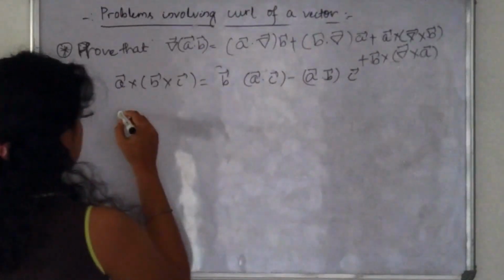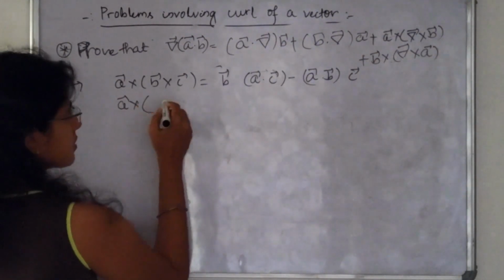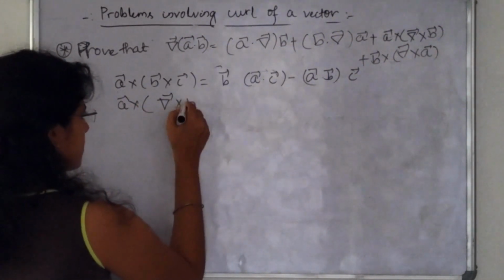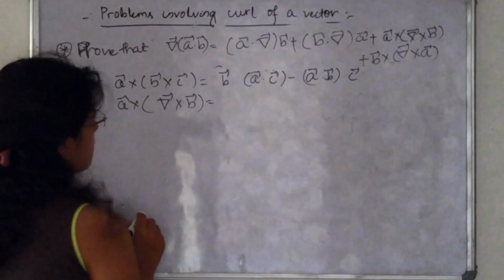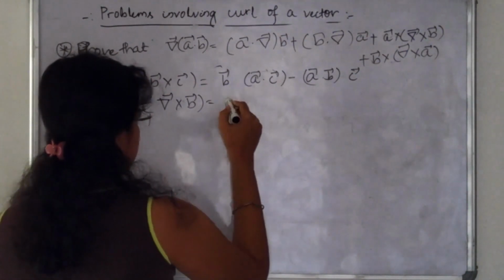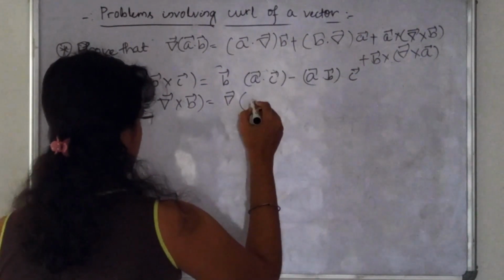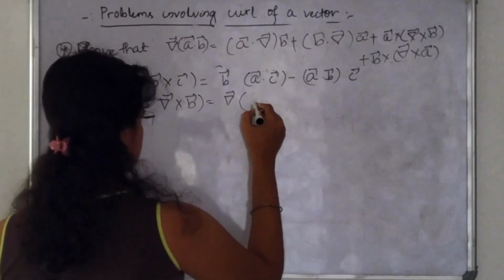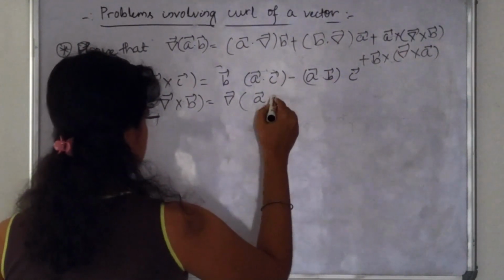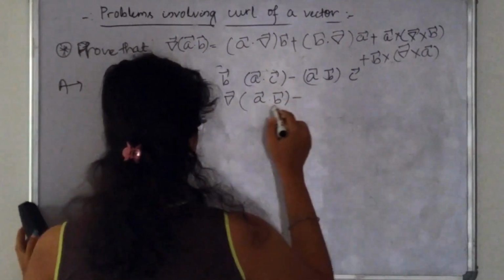So the first term is A vector cross del vector cross B vector. So similarly, like this, minus.